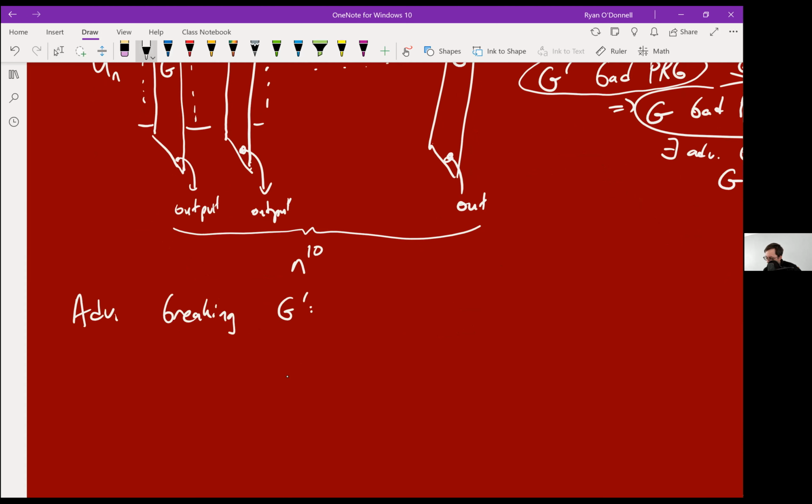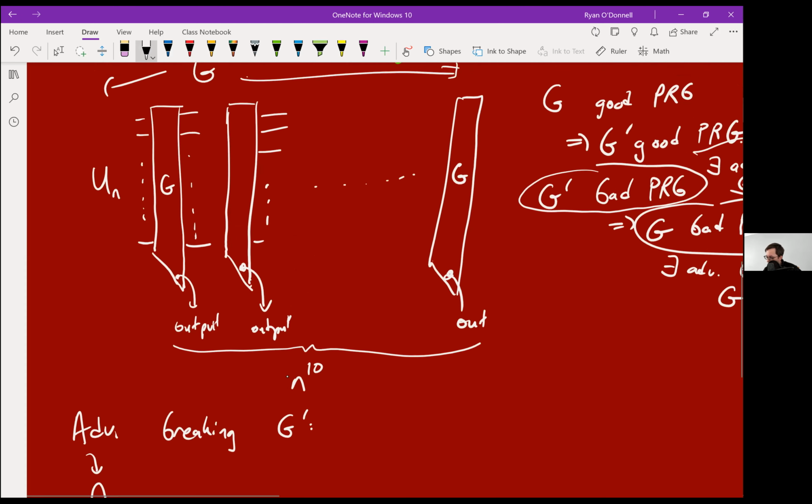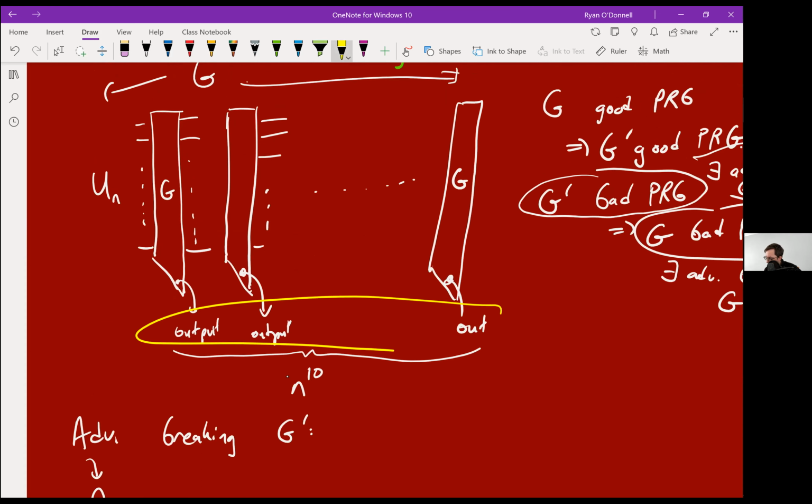Well, let's call this adversary A. Maybe we should call it A prime, but anyway, A. What's the deal? A can look at the output of a draw from G prime and notice that it's not the uniform distribution. So it can look at all these bits and say, oh, that's not the uniform distribution.